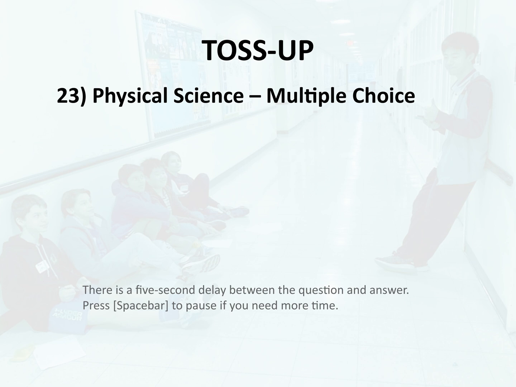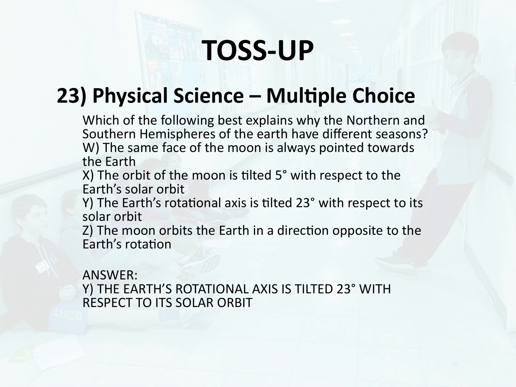Y. The Earth's rotational axis is tilted 23 degrees with respect to its solar orbit. Z. The moon orbits the Earth in a direction opposite to the Earth's rotation. Answer. Y. The Earth's rotational axis is tilted 23 degrees with respect to its solar orbit.